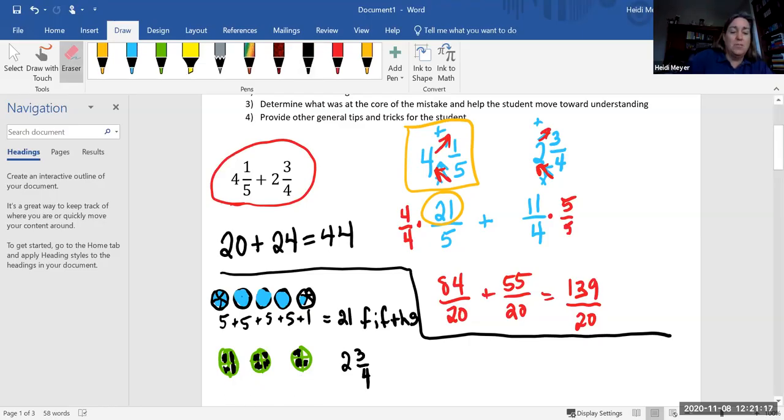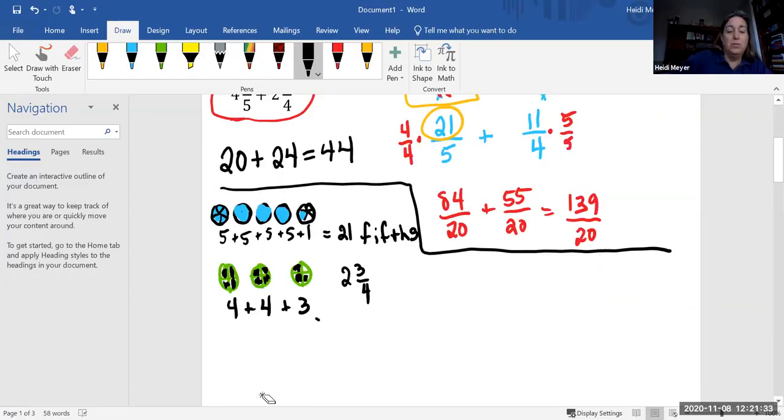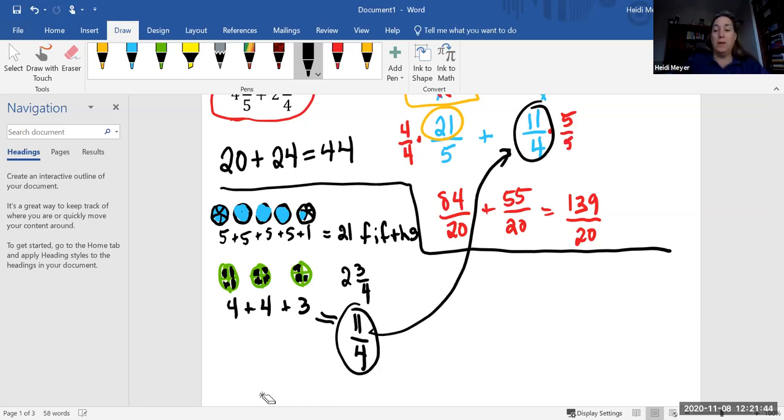Another way to see this problem and to connect improper fractions with mixed numbers is to say, well, I've got 4 pieces here, plus 4 pieces here, plus 3 pieces here, and that is equal to 11. And what we are counting is fourths. And that is exactly what we got up here.